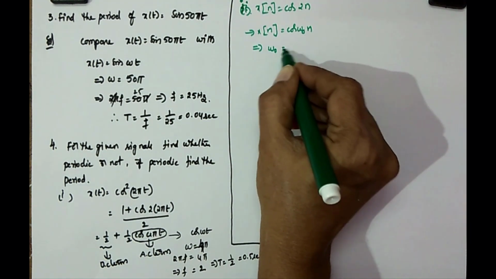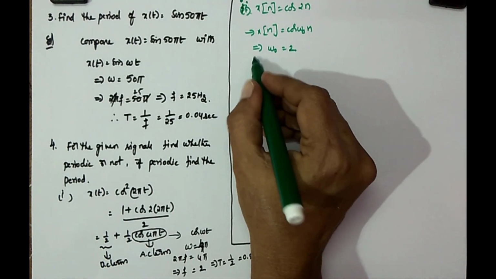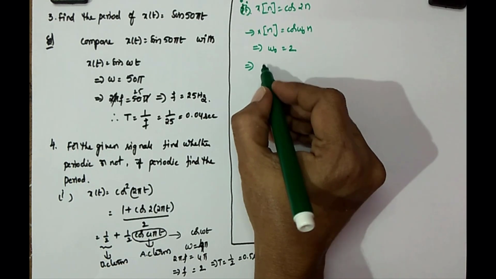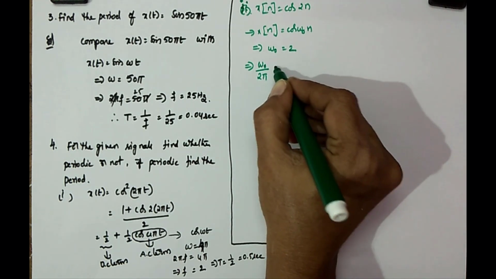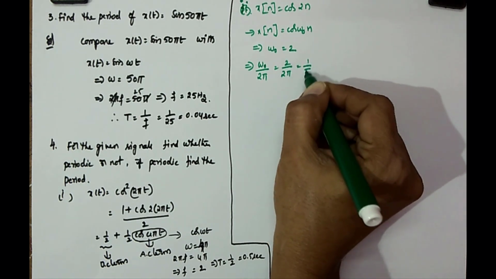You will get omega naught equal to 2. Next problem, and for discrete signals, now do omega naught by 2 pi.